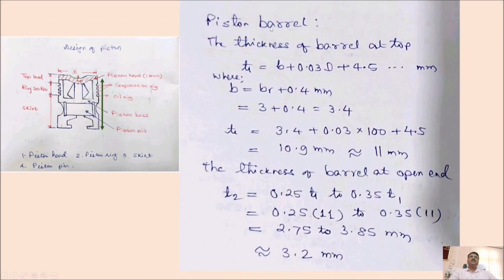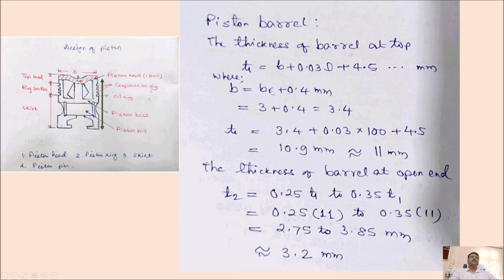The next is piston barrel. Thickness of piston barrel at top is given as T1. Empirical relation is T1 equal to B plus 0.03D plus 4.5. B is calculated as BR plus 0.4.